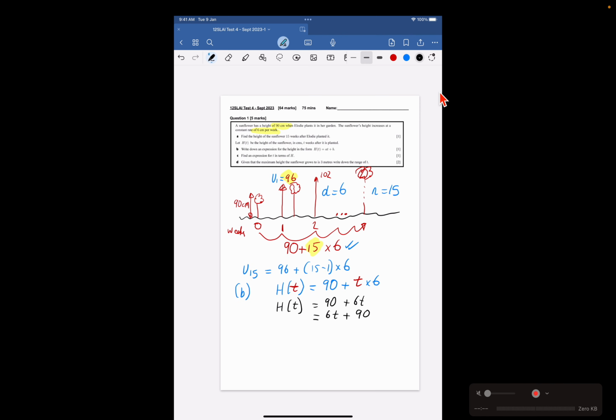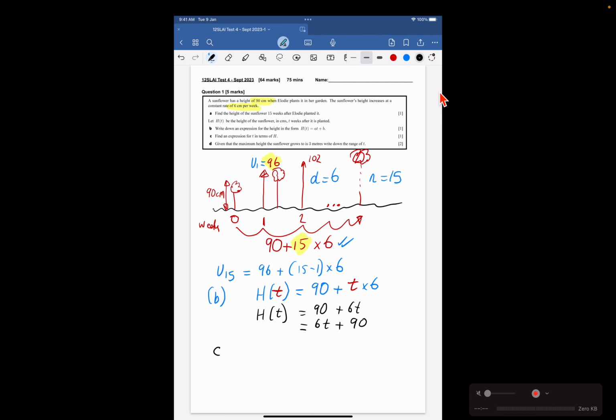Okay, part C was maybe the hardest one, so rearrangement. Now, what we have here is what's called functional notation, right? And it's a little bit annoying when you want to try and rearrange it, because functional notation isn't so good to rearrange.